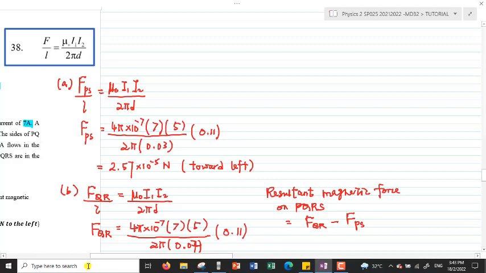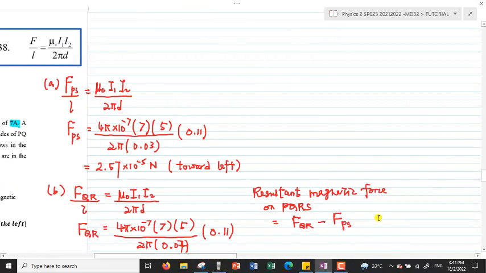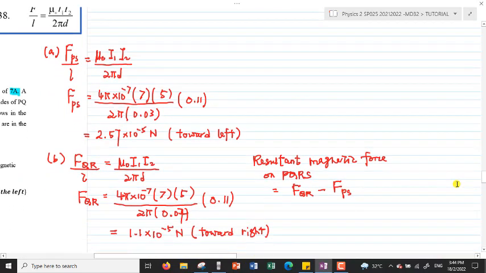Because both are pointing in opposite directions. So we assume the force to the right as positive, the force pointing to the left as negative. That's why we have FQR minus FPS. So we have 1.1 × 10^-5 minus 2.57 × 10^-5 Newton.